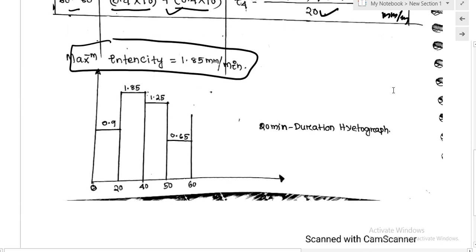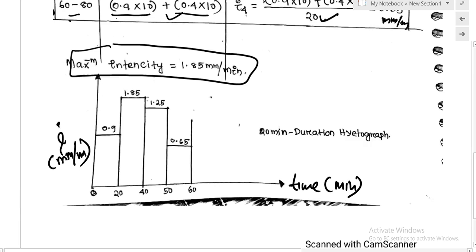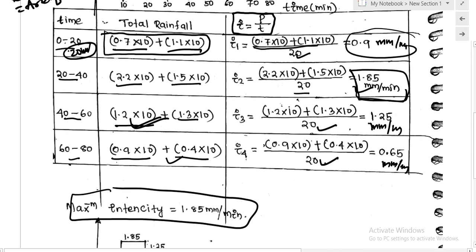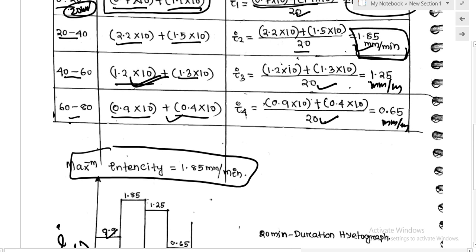Now we can also draw the hydrograph. This is the rainfall intensity. Here rainfall intensity is millimeter per minute, and here we take the time in minutes. Within 0 to 20, what is the intensity? This is 0.9, so we can draw 0.9. Then 20 to 40, the intensity is 1.85.